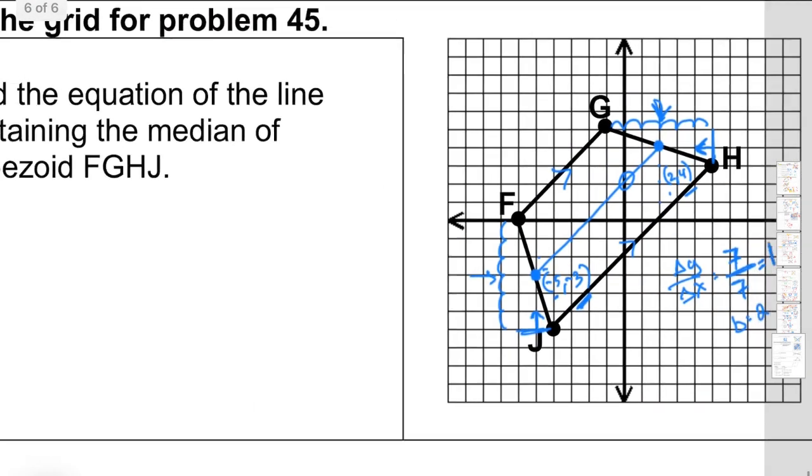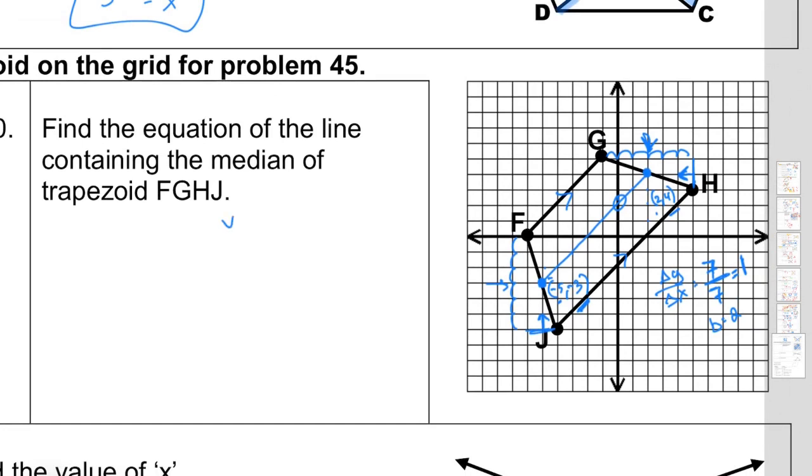And so now I can write my equation in the form of y equals mx plus b, where m we just found to be 1. We can put it as 1x or just x. And my y-intercept was positive 2, so y equals x plus 2 is my equation for the median of that trapezoid.